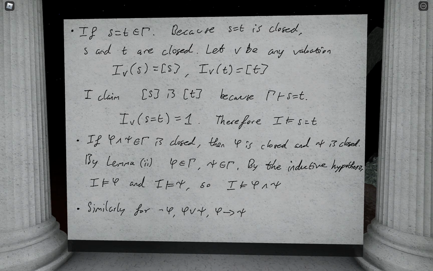This just involves, again, applying the relevant statement from the lemma I was alluding to from last week, and then applying the inductive hypothesis to those pieces to regain the statement that you want, that the complex formula is true in the interpretation. So I won't go through each of those, but they make use of each of the different parts of that lemma respectively. I'm not going to do those to make room for the more interesting quantifier cases.